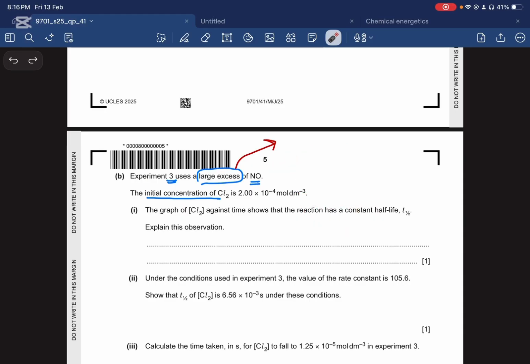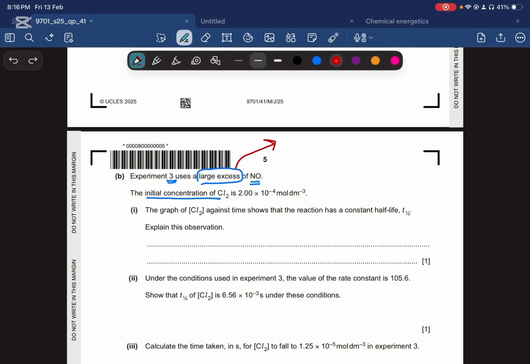It's basically nothing. This is why we say that when you're using an excess of something, the change in their concentration, delta stands for change in the concentration, is negligible. Negligible means that you do not take it into account. You do not worry about it.